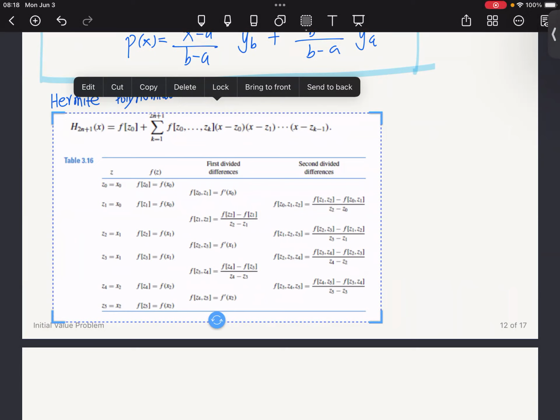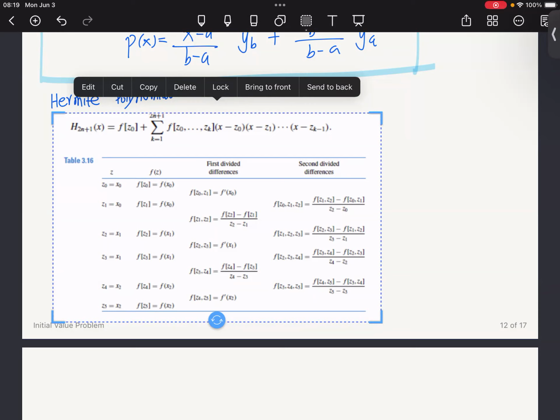So we have two entries here, and the second column is the F values evaluated at those points, and the third column is the divided difference between two points, because these are two different points, which means we use the subtraction between these two values divided by the subtraction between these two values.